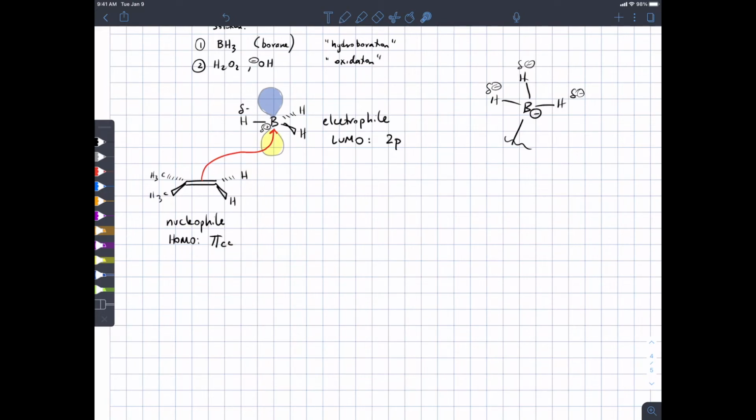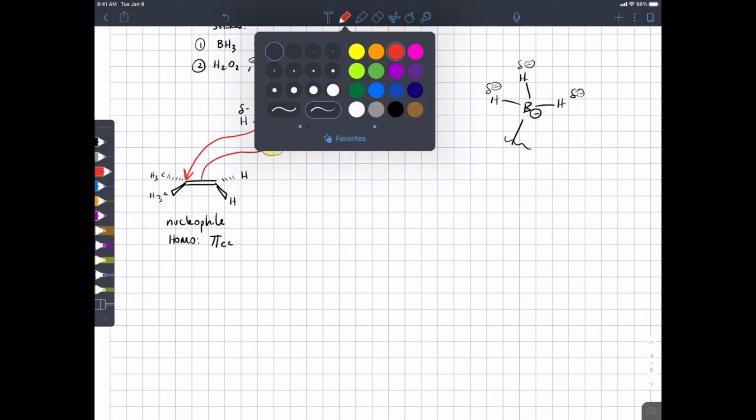What this means is, as this bond starts to form, the already partially negative hydrogen gets even more negative. And as it does, it leaves with its electrons and attacks the more substituted carbon.